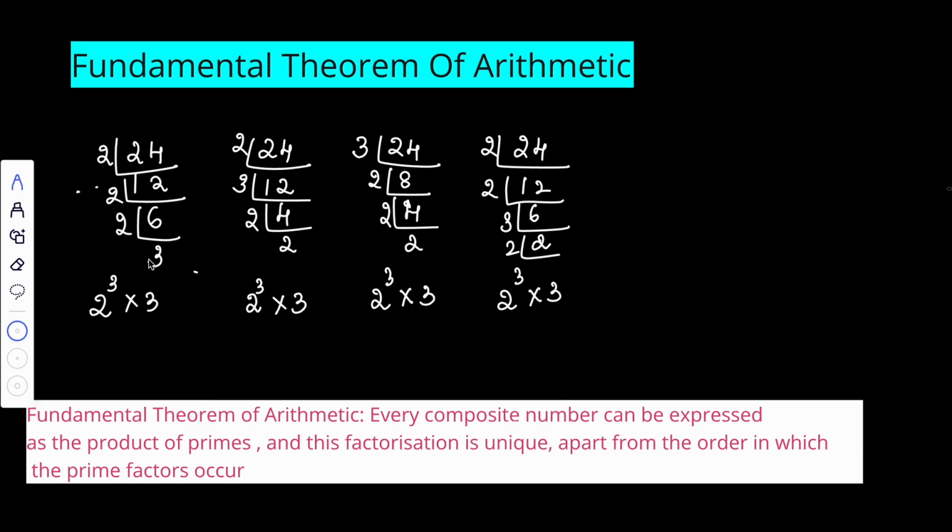Here we got first 2, then 3, then 2 times 2. Here first 3, then 3 times 2. So the fundamental theorem of arithmetic says every composite number can be expressed as the product of primes, and this factorization is unique apart from the order in which the prime factors occur.